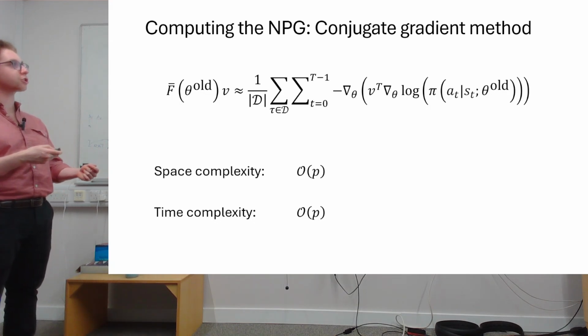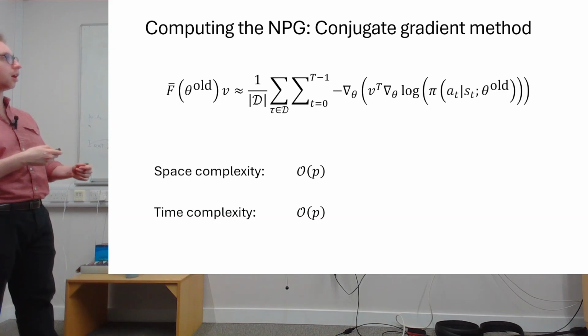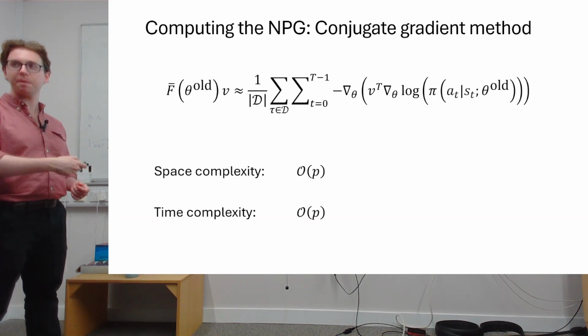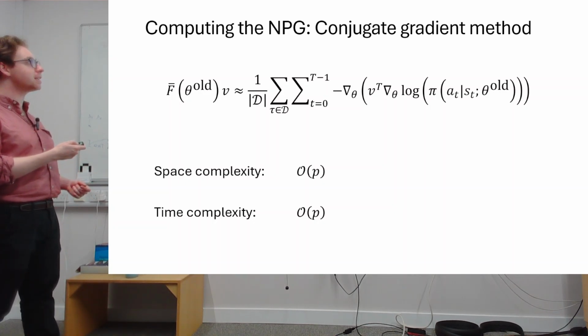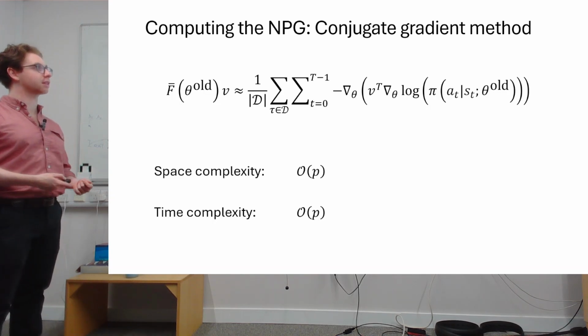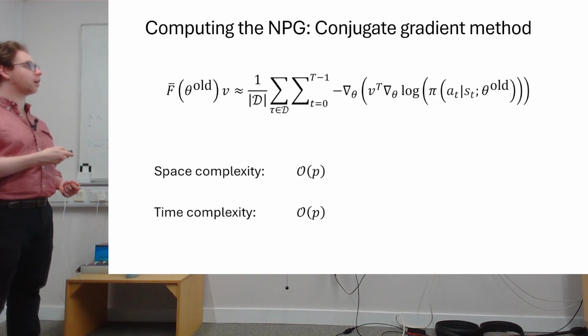So this is a function that takes in sets of parameters and spits out scalars. And then I'm going to take a gradient of this. At no point do I need to compute anything that has size or memory over p.